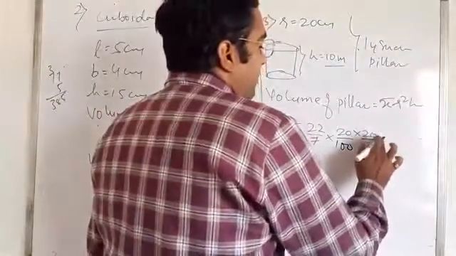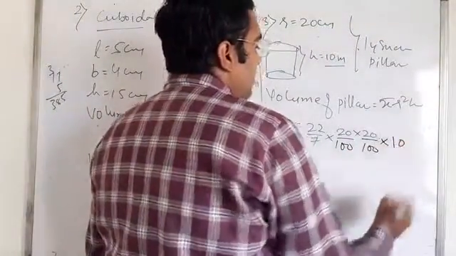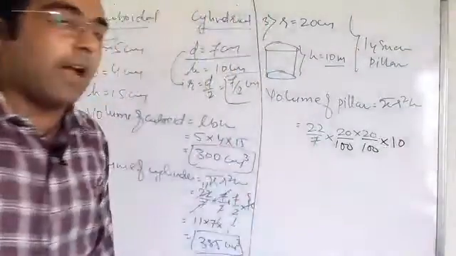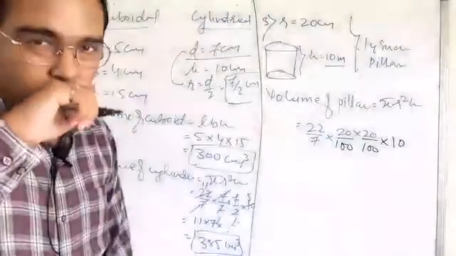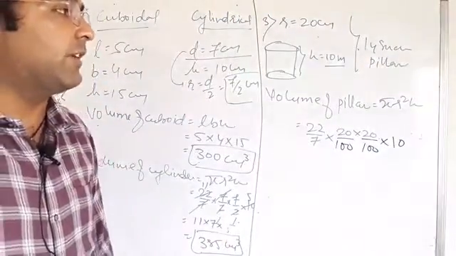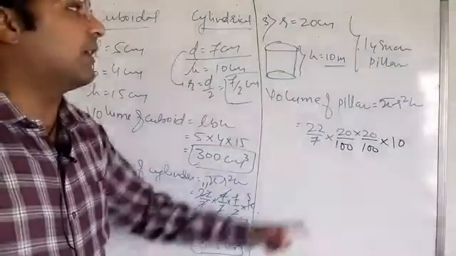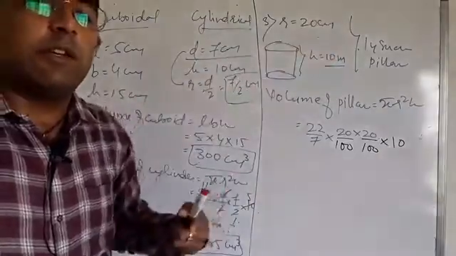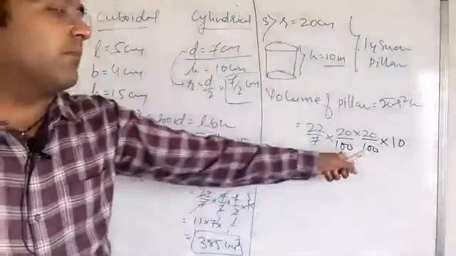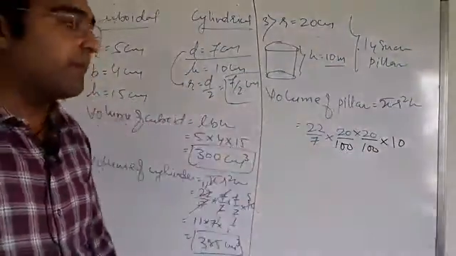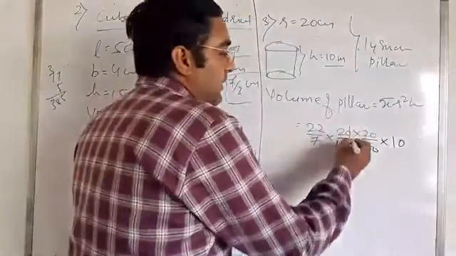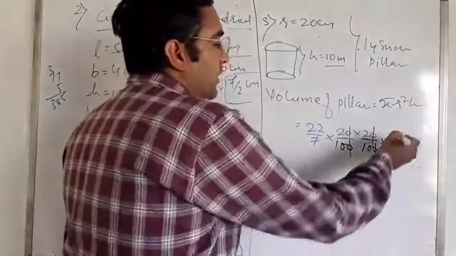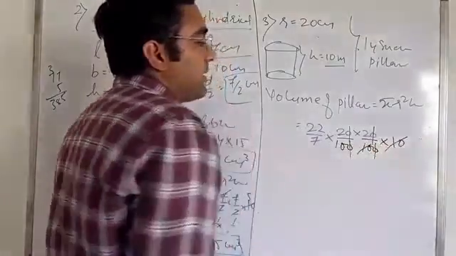So I'll write 10 as it is, because I am not converting height, but I'm converting the radius that is in centimeter into meter by dividing by 100. Now the zeros cancel out, 10 also cancels out.